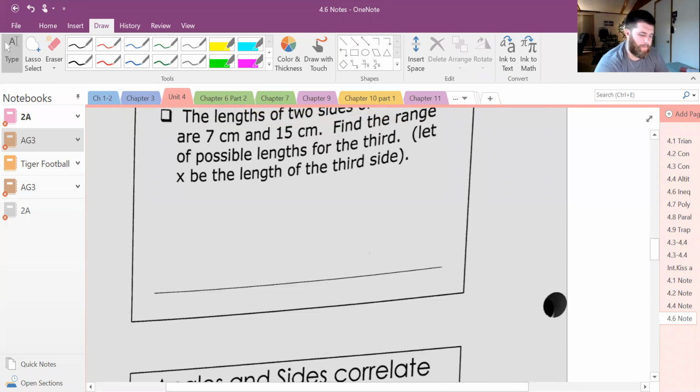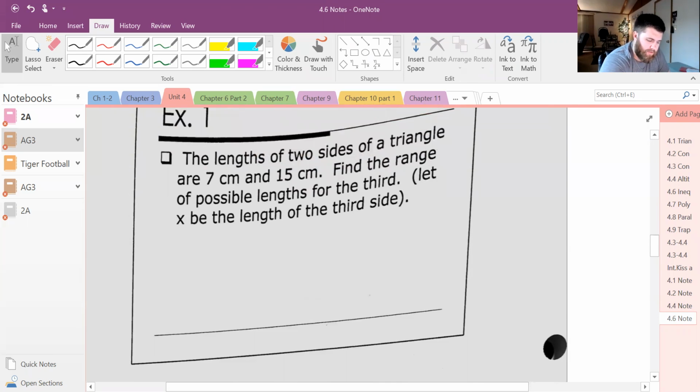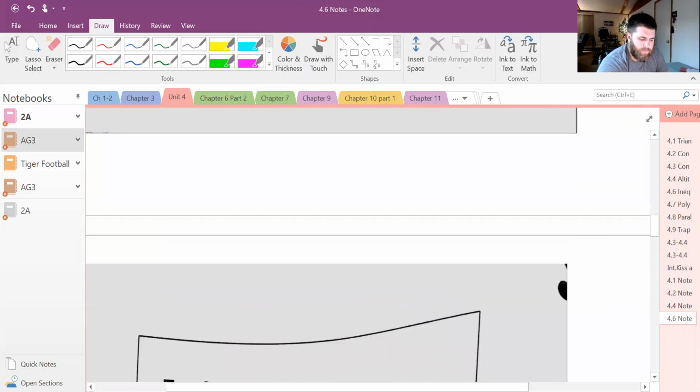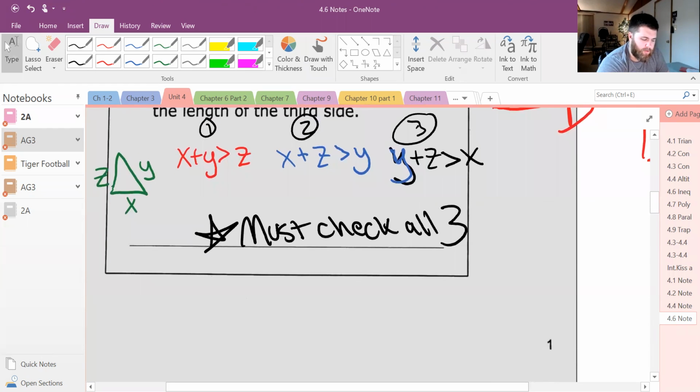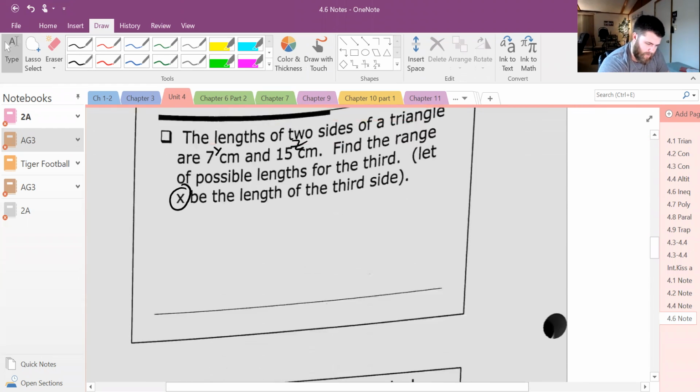So x is obviously going to be x. Let's say 7 is going to be y, and z is going to be 15. Let's do our first one first. We have x plus y is greater than z. So x plus y, x is just x, y is 7, is greater than z, which is 15.